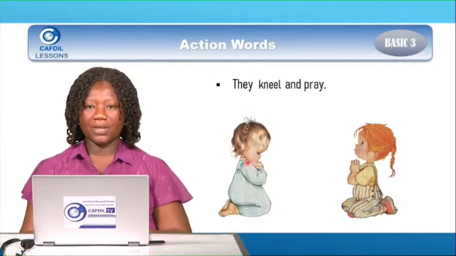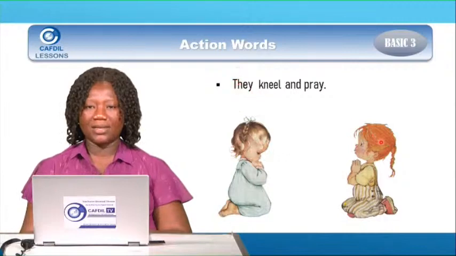What do you see in the picture? Two people. What are they doing? What action are they performing? Kneel. Good. Kneel. Let's talk about it. What do you think they are kneeling to do?